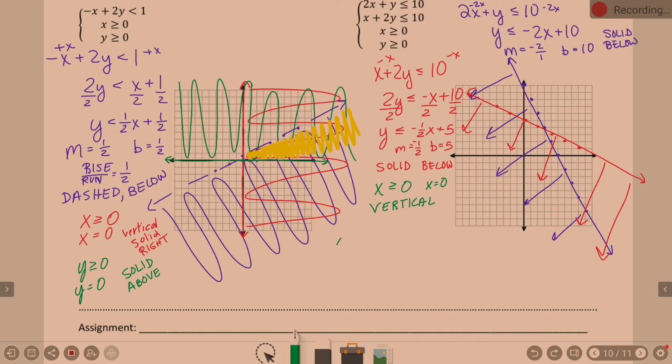So far, I agree with my key. I started from here. I forgot to. Okay. Equal to, so it's solid, and where am I shading?